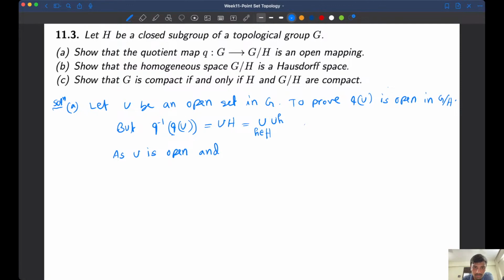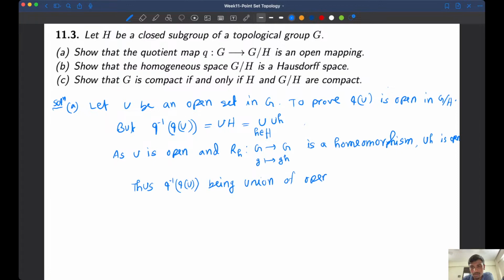This Uh is open. Thus again Q inverse of Q(U), being a union of open sets, is open. So Q inverse of Q(U) is open in G.